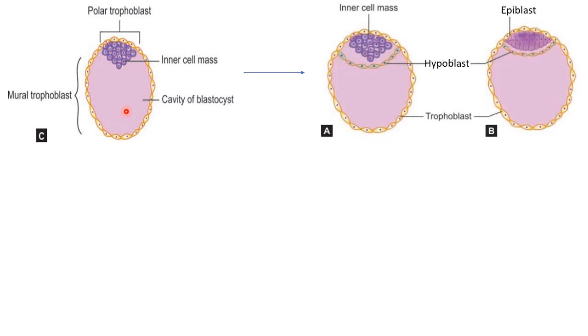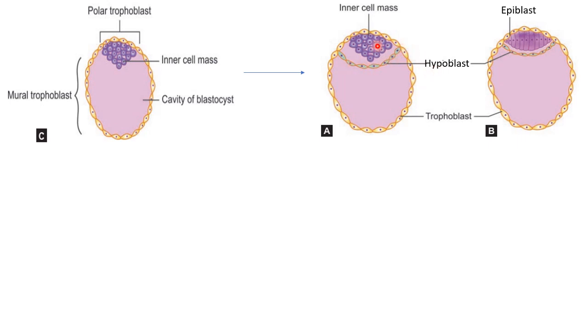So next thing, one thing you should know is that the inner cell mass will start differentiating. As they differentiate, they will proliferate, and then just here on their base, they will form a number of flat cells which will be lined to them, and these flat cells here are what we will call the hypoblast.